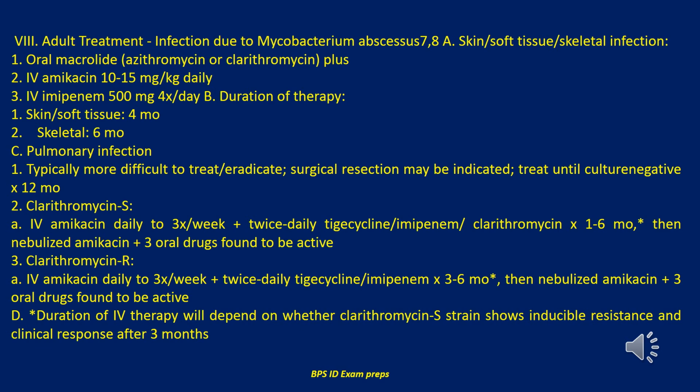Pulmonary infection is typically more difficult to treat and eradicate, and surgical resection may be indicated. Treat until culture negative for 12 months. 1. Clarithromycin susceptible: IV amikacin daily to thrice a week, plus twice daily tigecycline, imipenem, and clarithromycin for 1 to 6 months, then nebulized amikacin plus 3 oral drugs found to be active. 2. Clarithromycin resistant: IV amikacin daily to thrice a week, plus twice daily tigecycline and imipenem for 3 to 6 months, then nebulized amikacin plus 3 oral drugs found to be active.